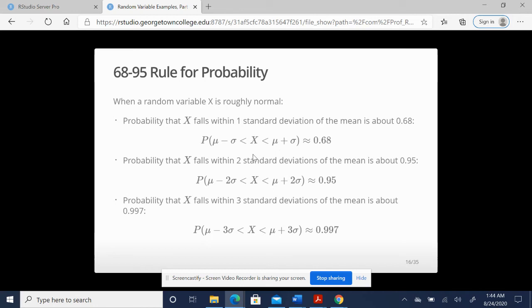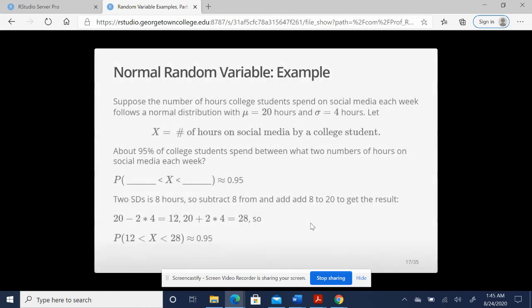So if I take the random variable that's supposedly centered on the mean, and I subtract a standard deviation and add a standard deviation, I should get 68% of all the results in that range. Okay, 95% when I subtract 2 and add 2 standard deviations, and 99.7% when I subtract 3 standard deviations and add 3 standard deviations. Okay, an example.